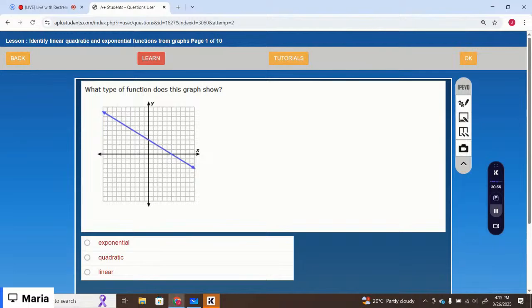What type of function does this graph show? That is the linear function. The straight line is always the graph for the linear function. Option number 3 is the correct option.